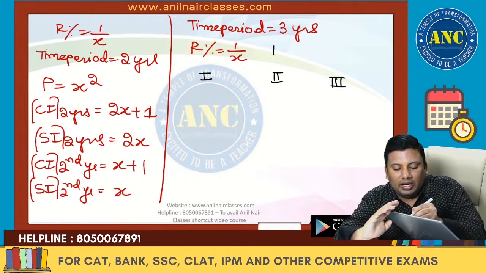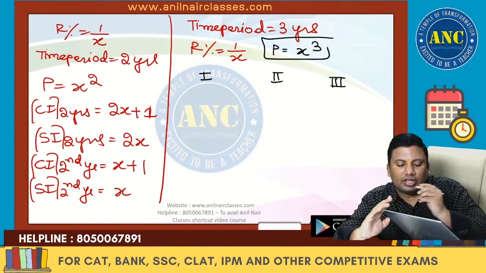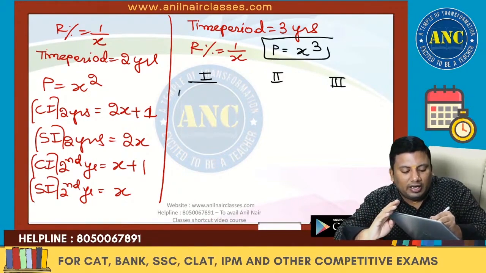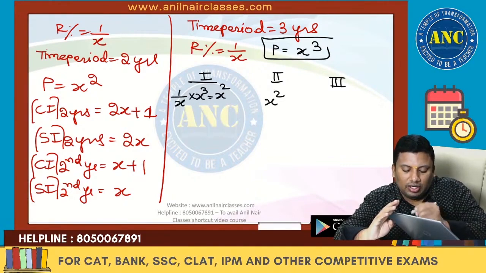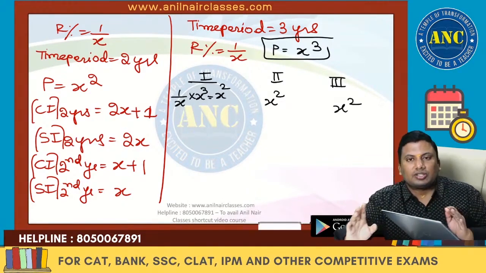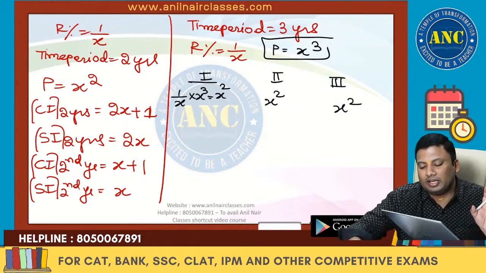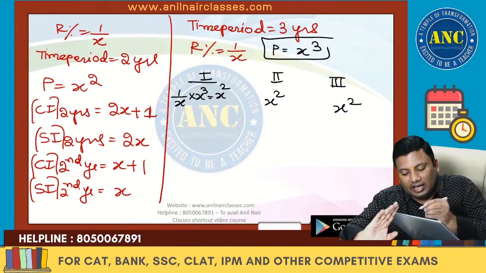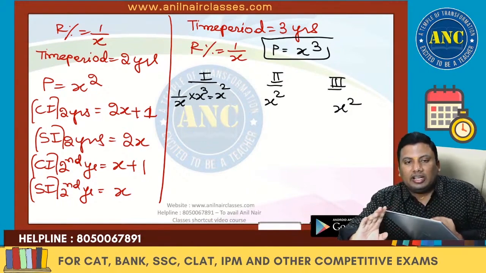So principal is nothing but denominator power k, it is x cube. First year simple interest is 1 by x into x cube, which is x square. For the first year simple interest is x square, second year x square, third year also x square.